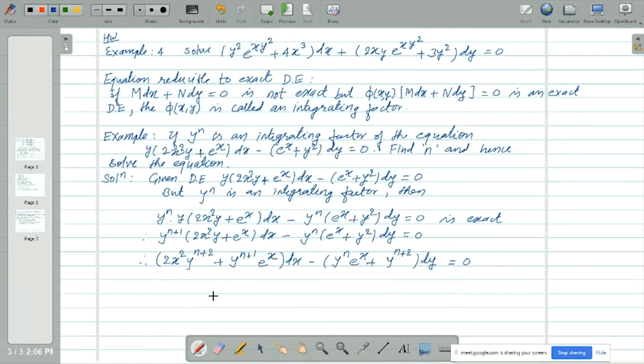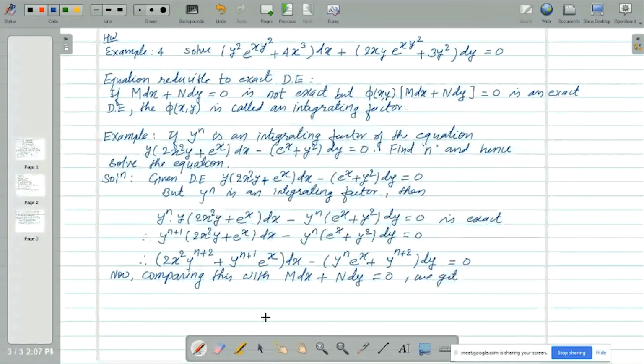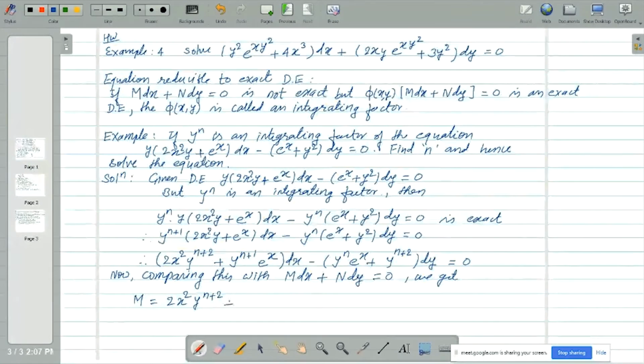Now comparing this with the standard form M dx plus N dy equal to 0, we get M equal to 2x squared y raised to n plus 2 plus y raised to n plus 1 e raised to x.